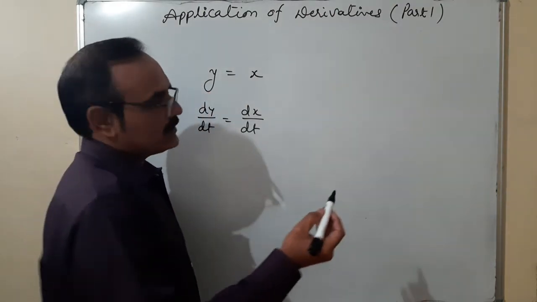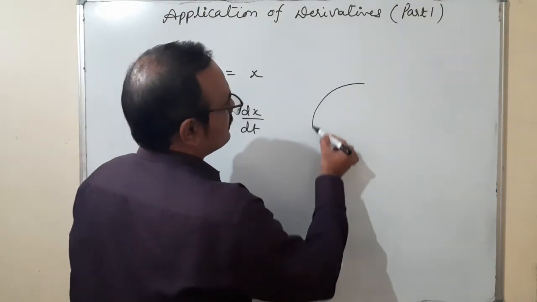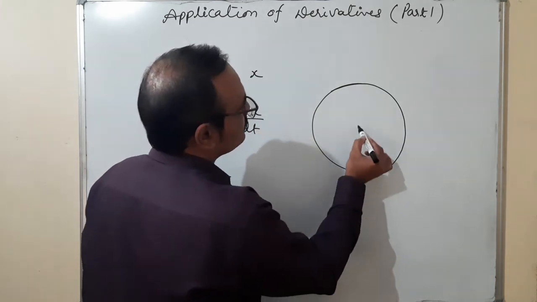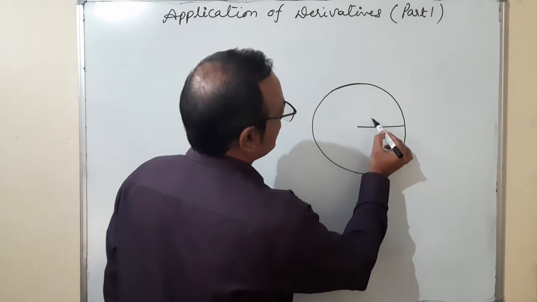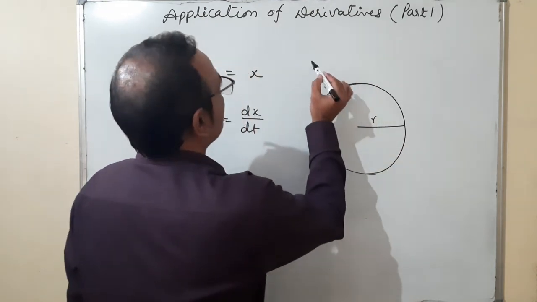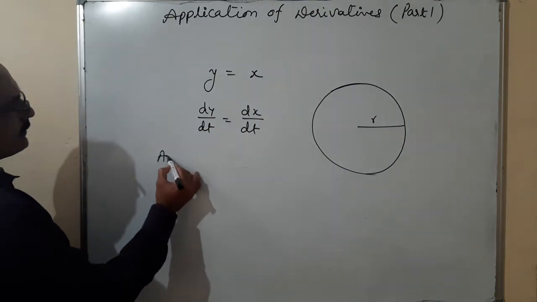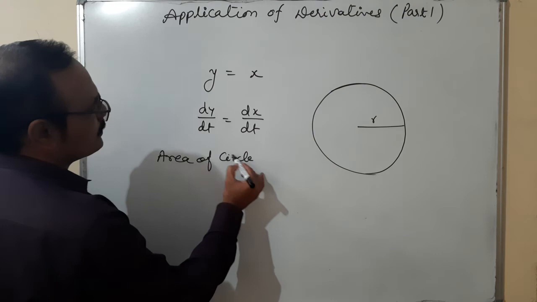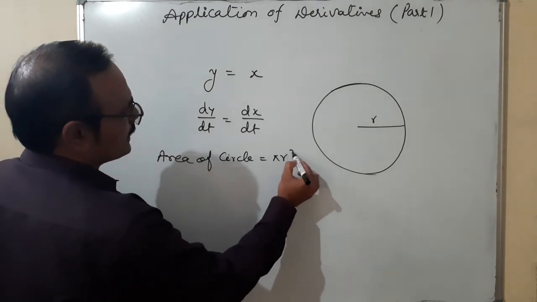A simple example, let us discuss that. It is a figure. What is it? Circle, radius, and this complete region is the area. Area of circle, you know the formula, is pi r square.